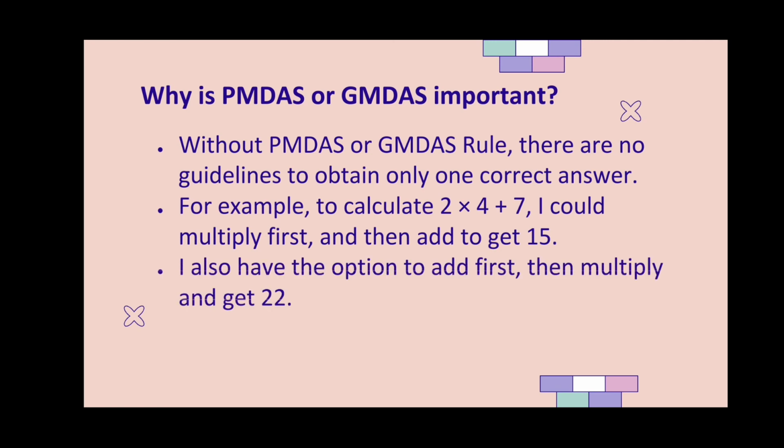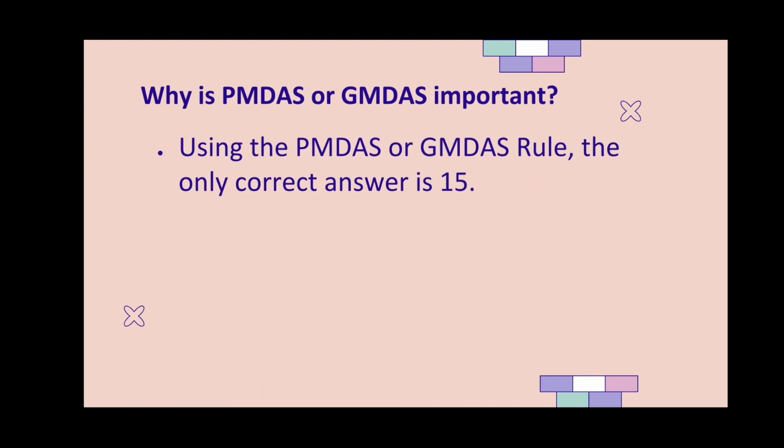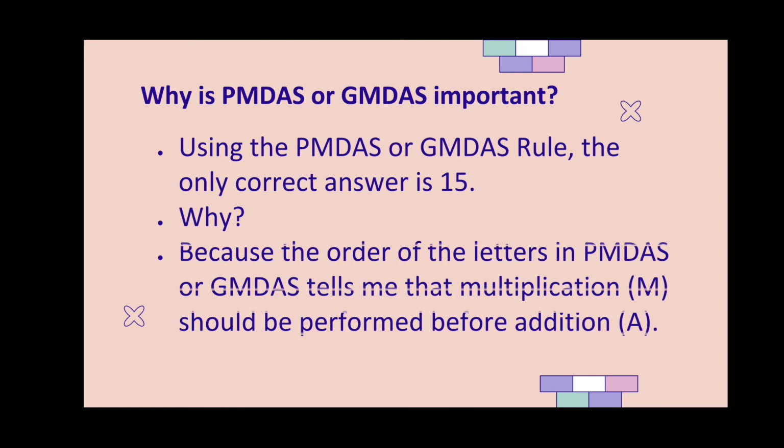On the other hand, I also have the option to add first, then multiply and get 22. Which answer is correct? Using the PMDAS or GMDAS rule, the only correct answer is 15. Why? Because the order of the letters in the PMDAS or GMDAS tells me that multiplication or M should be performed before addition.